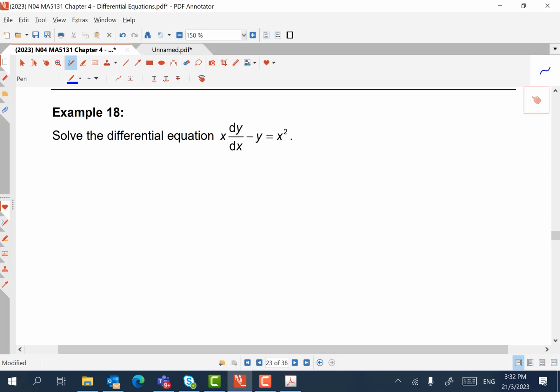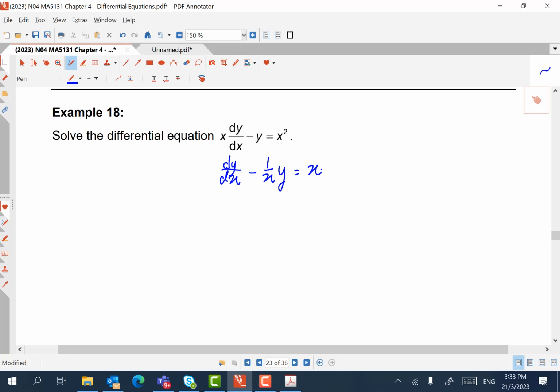Okay, number 18. To start off with, as I told you, you must first and foremost rewrite it. A lot of students question or say, wow, are you assuming that x is non-zero?